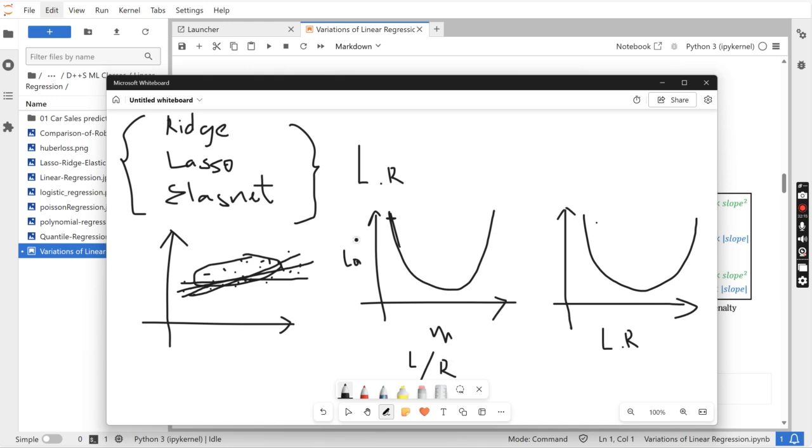What will happen is, with your learning rate, you take a step here, you're moving towards the global minima, nothing but where your loss will be minimum. Okay, you're moving in this direction.